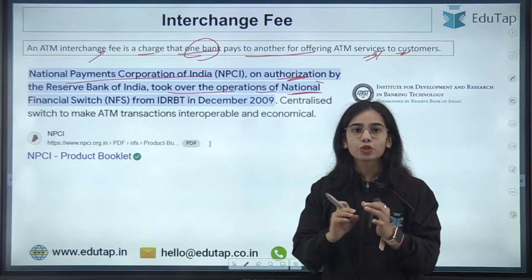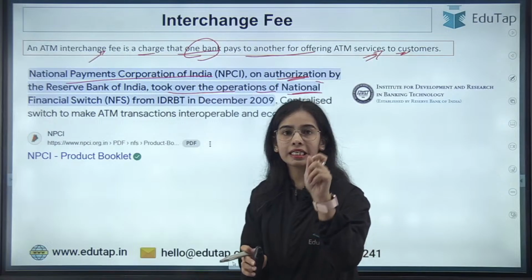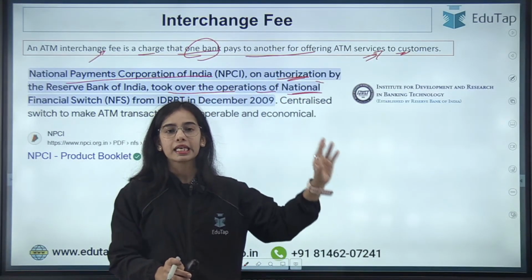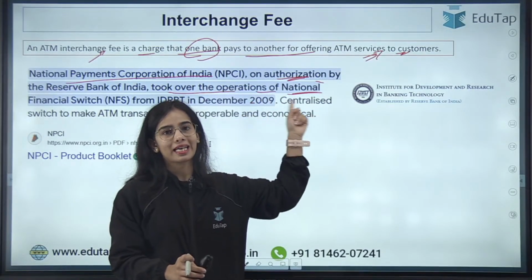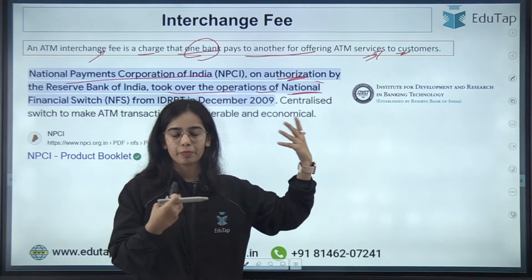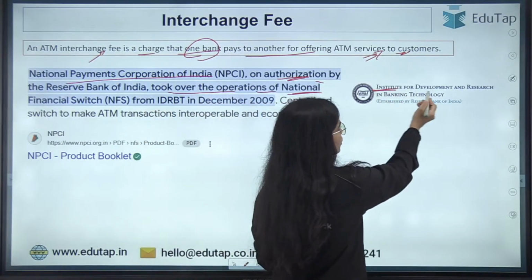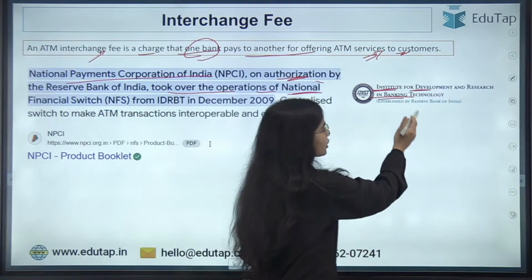So that's why NPCI has decided the interchange fee for the banks that are utilizing the NFS ATM network.